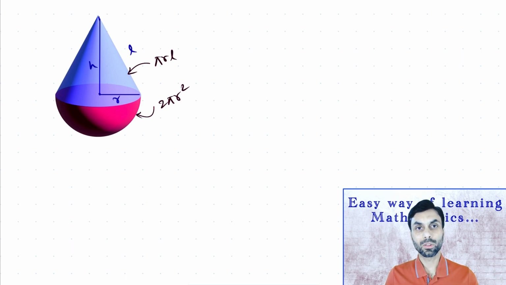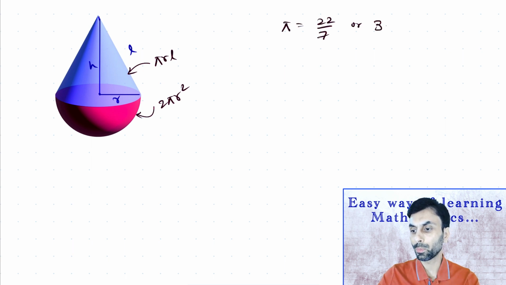Before we start the questions, we need to know some values, which we'll write down here. The first is the value of π, which is 22/7 or 3.14. Unless it is specified in the question, we are going to stick with the 22/7 value rather than 3.14.